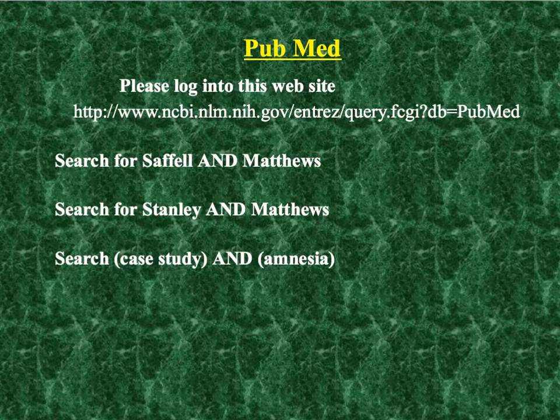Importantly, sometimes you won't know the name of a particular researcher. Instead, you'll have an idea about a particular kind of topic. Maybe you're a memory researcher, or you want to get into the study of memory and you're particularly intrigued by amnesia. So you can put in amnesia as a search term, and maybe you're also interested in not only amnesia, but a particular kind of methodology, such as case studies.